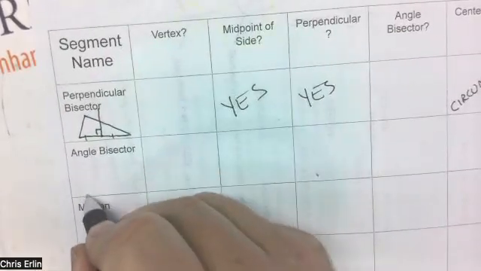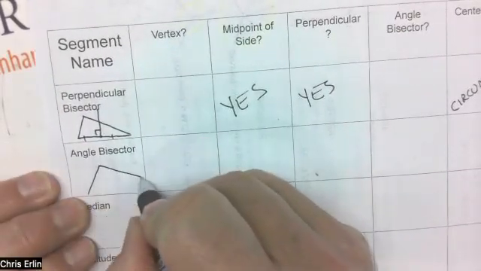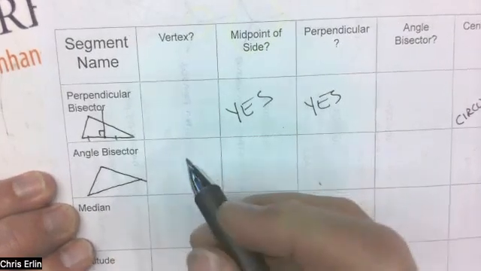Okay, let's draw ourselves a little angle bisector. And again, if we make it a non-equilateral triangle, it's more meaningful.